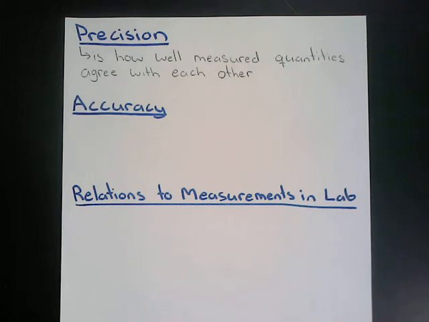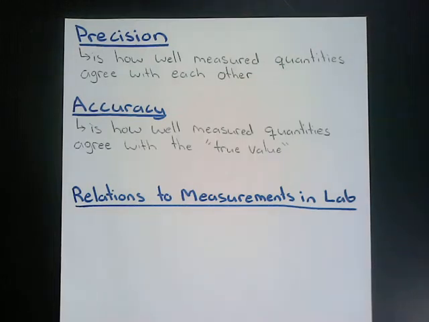Now you're not accurate, because accurate is how well measured quantities agree with the actual true value. If we stick to that dartboard example, being accurate is hitting the bullseye right in the center. Something that's accurate is right on the true value. Something that's precise, over and over again, we get the same measurement.